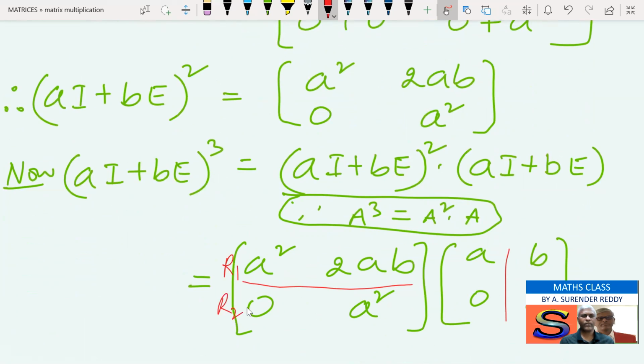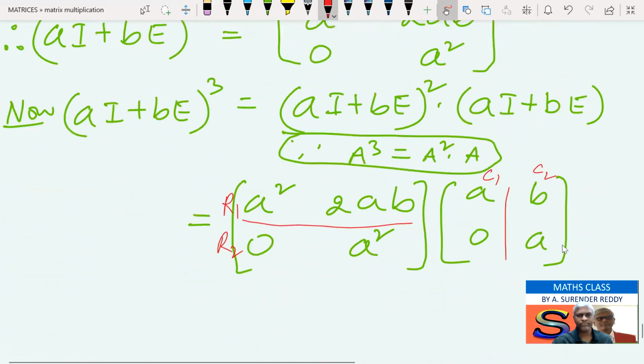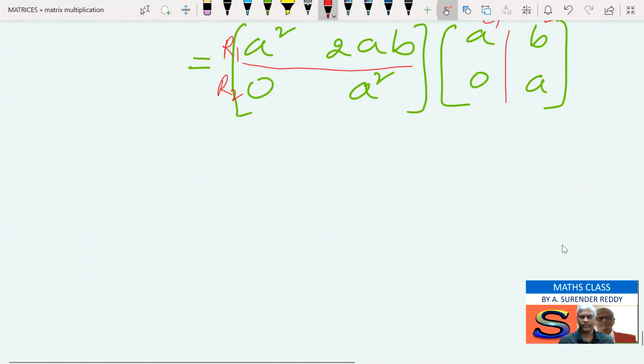R1 C1: a square with a, that is a cube, plus 2ab with 0, that is 0.